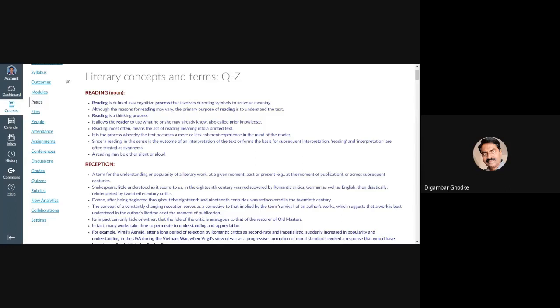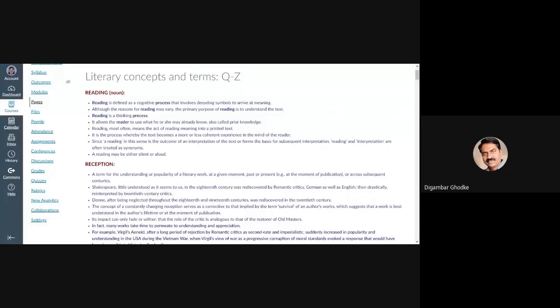Encoding is the process involved in both speaking and writing. We capture our ideas, thoughts, and we represent them in the form of linguistic symbols, alternatively codes. And as listeners or readers, we decode these symbols or codes and we come to the meanings of those symbols.